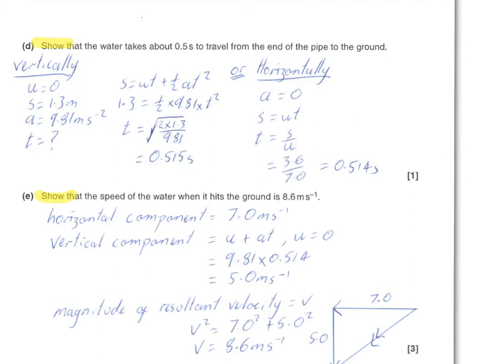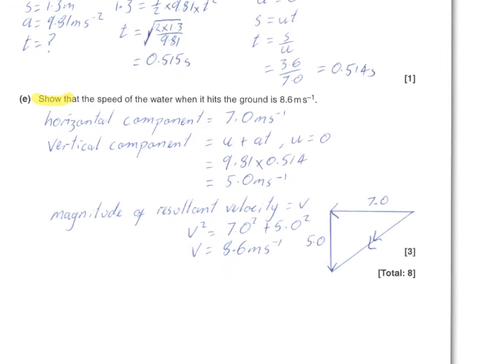We're then asked to go on and show that the speed of the water when it hits the ground is 8.6 meters per second. I suppose the initial question is, does it mean horizontally or vertically? And if we think about what's going on, there's going to be that horizontal component that is constant. We're also going to have a vertical component, and the speed of the water when it hits the ground is simply the magnitude of the resultant vector of the horizontal and vertical velocities.